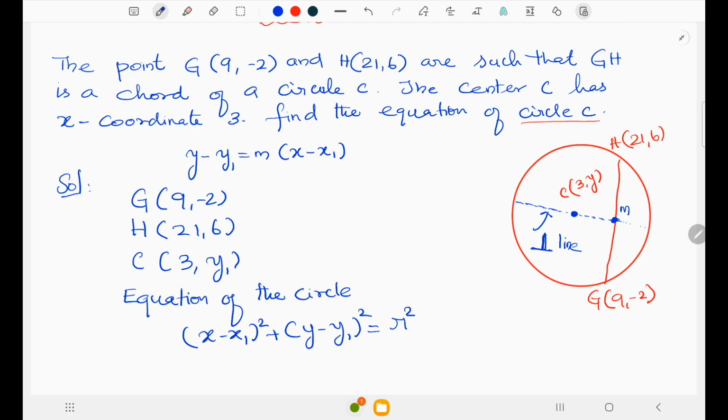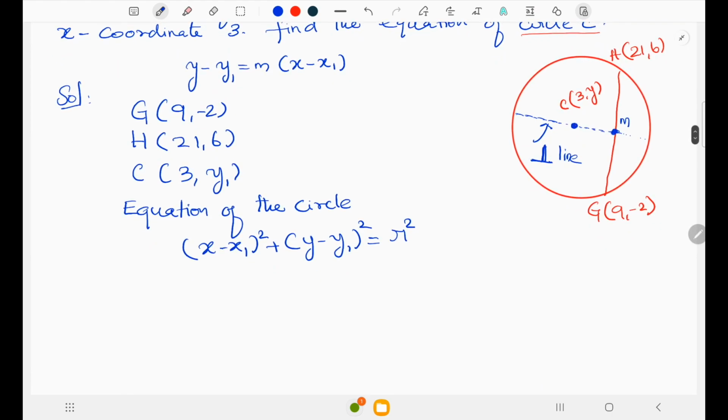We have x1. What is missing here? We have x minus 3, that is x minus x1, where x1 is 3.